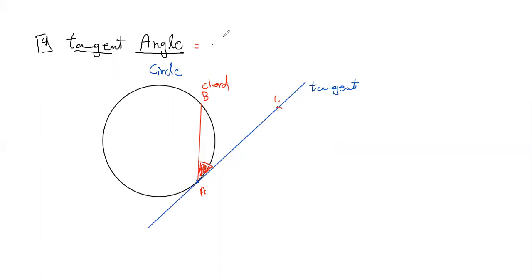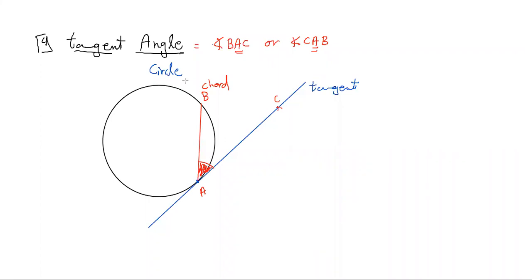So the tangent angle over here is either BAC, as you know, the vertex should be in the middle, or we may name it angle CAB. Anyway, A is in the middle because it is the vertex of the tangent angle. Okay, up to now it's only the names of the things.